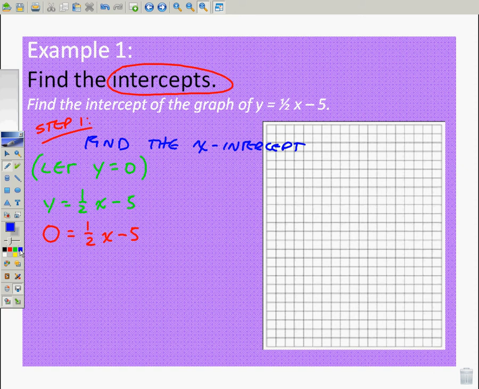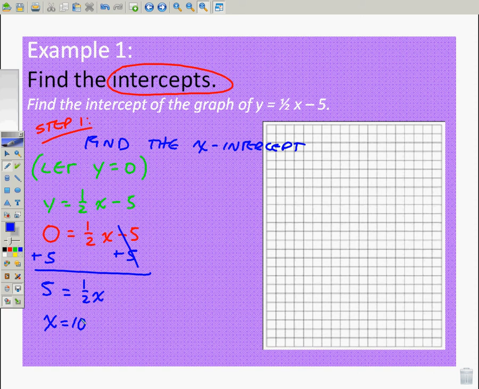So I'm going to add 5 to both sides. This goes away. 5 is equal to 1/2 x. 1/2 of what is 5? Well, x equals 10. So I substitute in y equals 0 and solve for x.